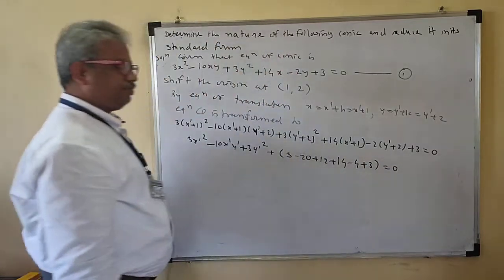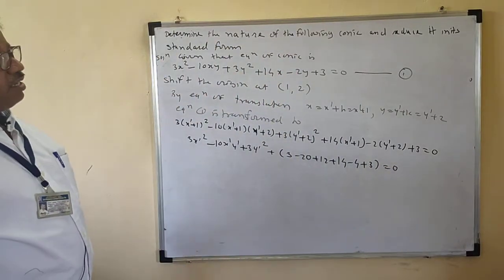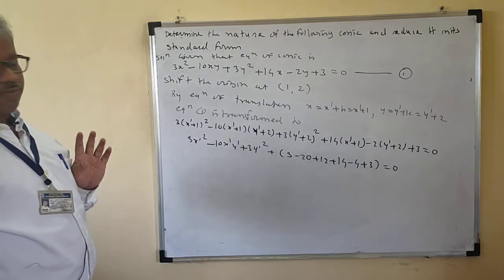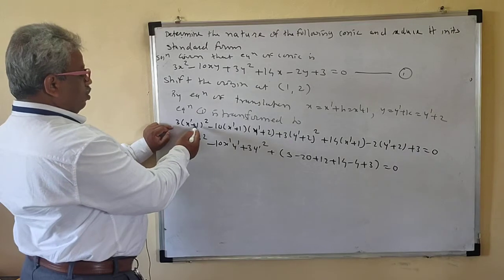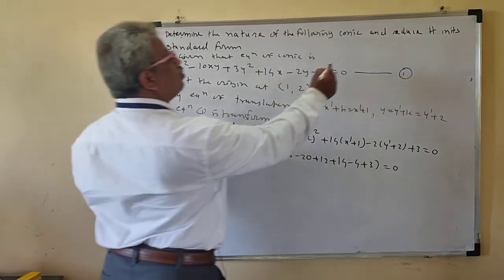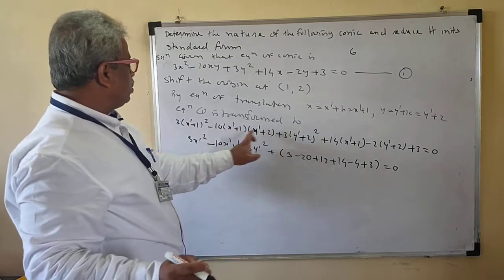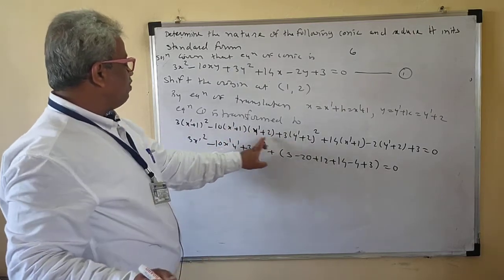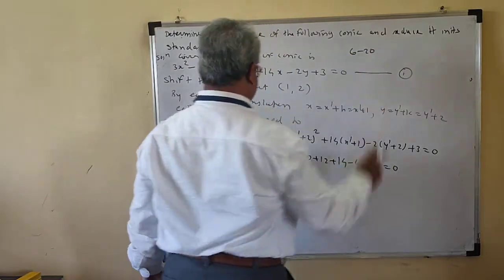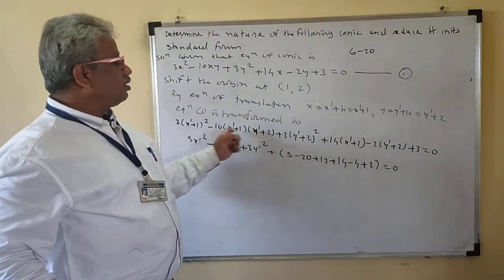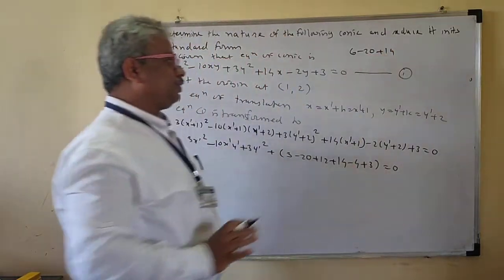For our convenience, we'll collect the coefficient of x prime and y prime and check whether it is 0 or not. Twice x prime into 3 gives 6x prime. Then x prime into 2 gives 2x prime, with the minus 10 outside, so minus 20x prime. Then plus 14. Is it 0?